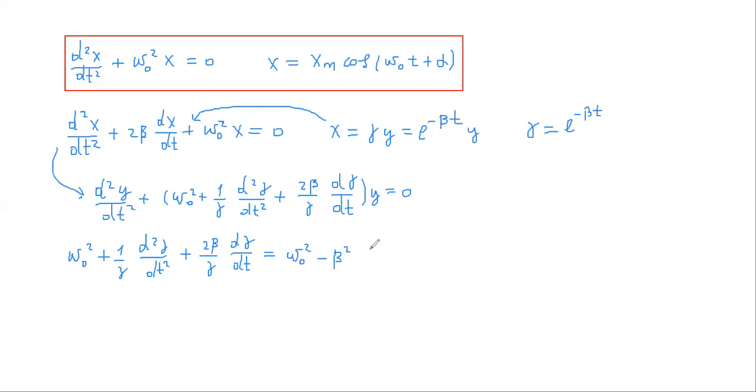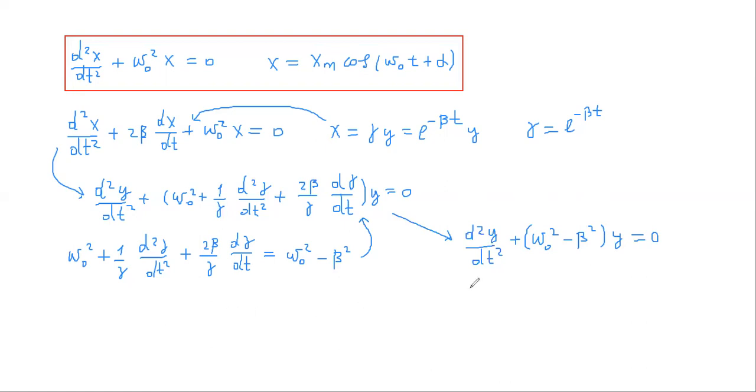And from here we have the equation: d2y, the second derivative of y by time, plus omega 0 to the power of 2 minus beta to the power of 2 in brackets, multiplied by y, and this is equal to 0.